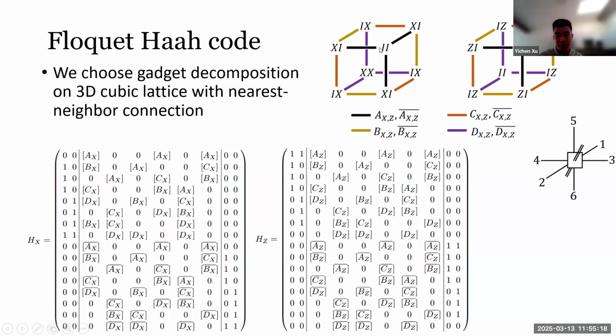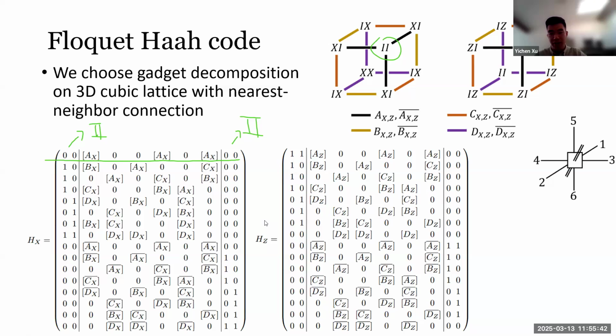For example, if I see an II over here, this corresponds to this row. The 0, 0 just means it's II, and this 0, 0 means there's nothing outgoing. I'm talking about the incoming Haah qubit stabilizer.